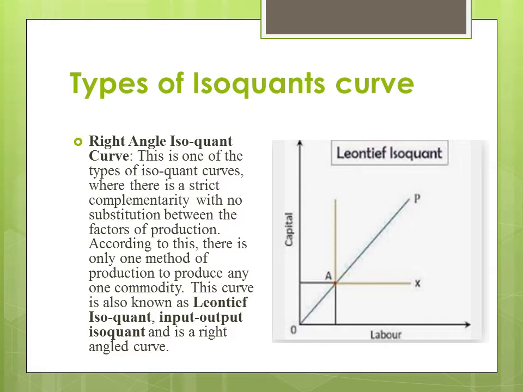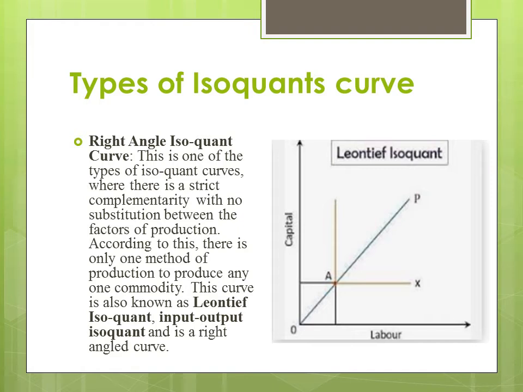This is one of the types of isoquant curves where there is strict complementarity with no substitution between the factors of production. So here substitutability is 0, and here is perfect complementarity. According to this, there is only one method of production to produce any one commodity. This curve is also known as the Leontief isoquant, input-output isoquant, and is a right-angled curve.